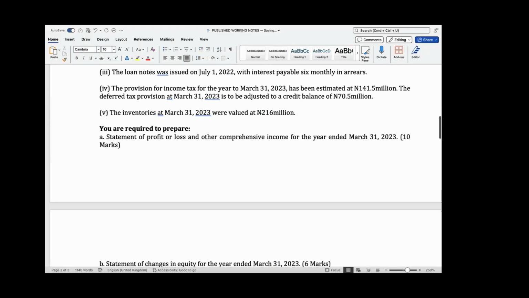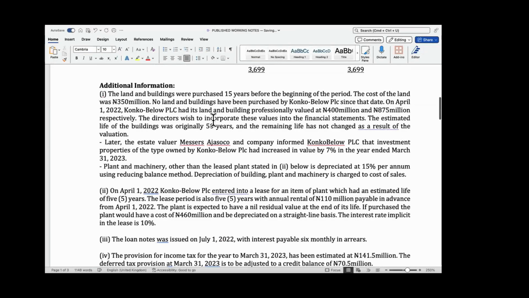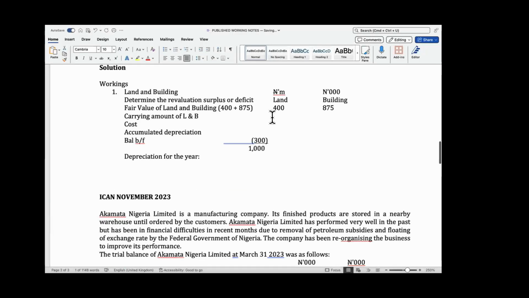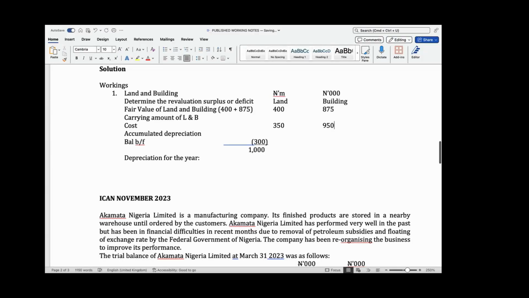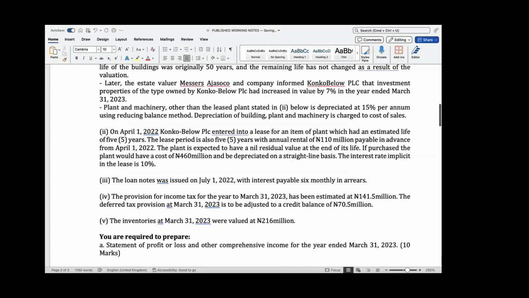How much was the land? The cost of the land is 350 million, sir. And building is what? 1,000 million.